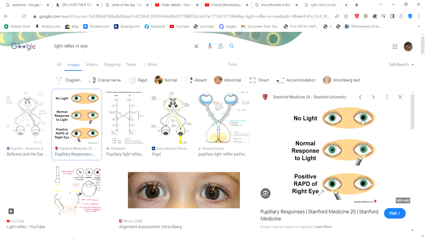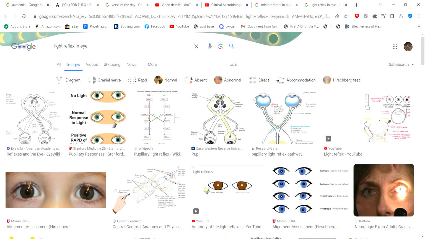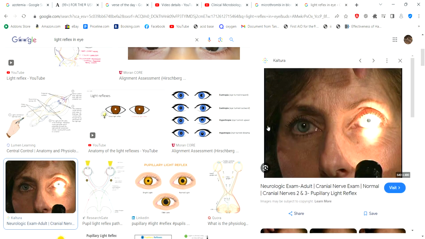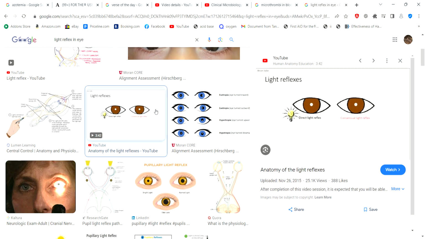No light is mydriasis. Normal response to light is miosis. So this lady's pupil has shrunken. It's miosis when you shine light.